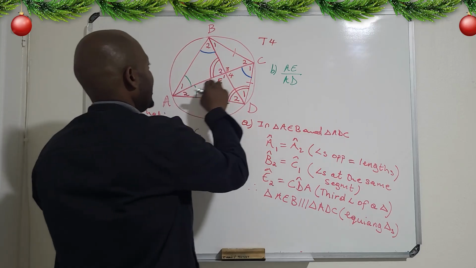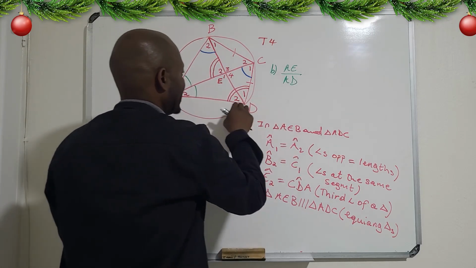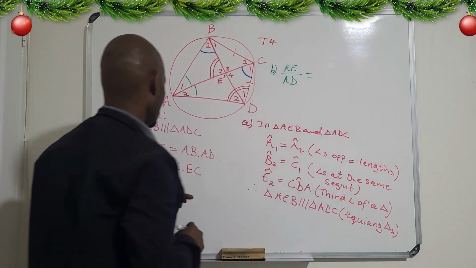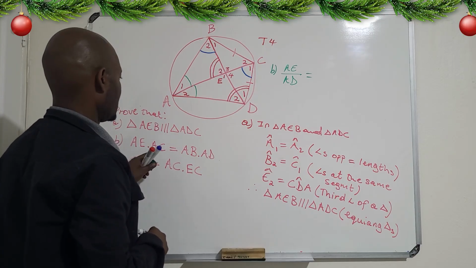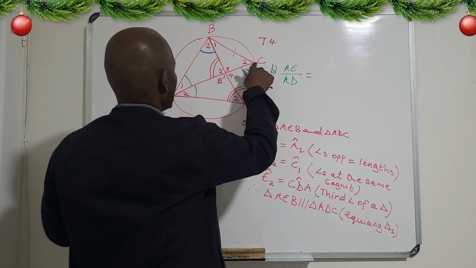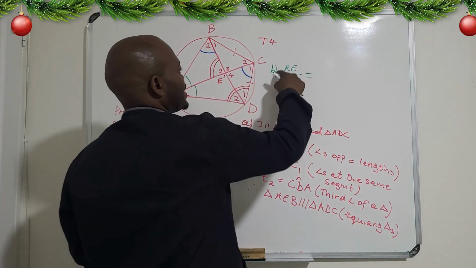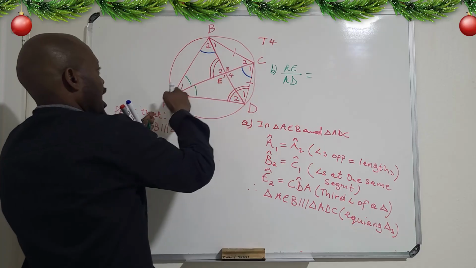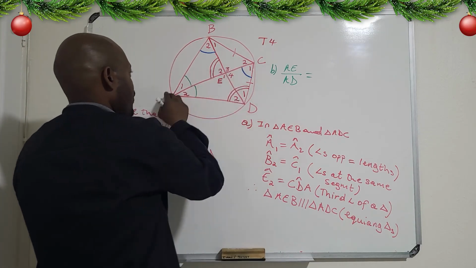Therefore, AE, which is opposite this angle, over AD, which is opposite this angle, is equal to, obviously, they've talked about AC. So AC is opposite that.